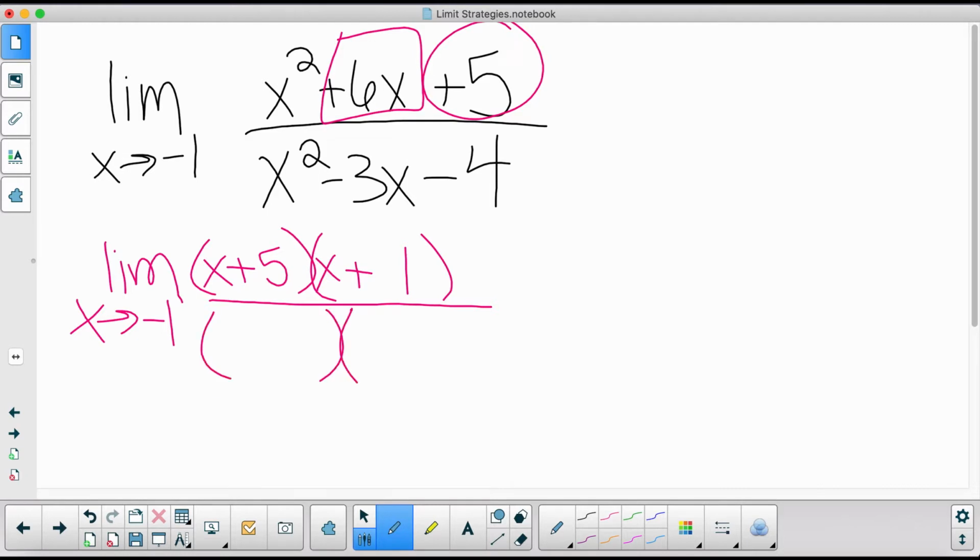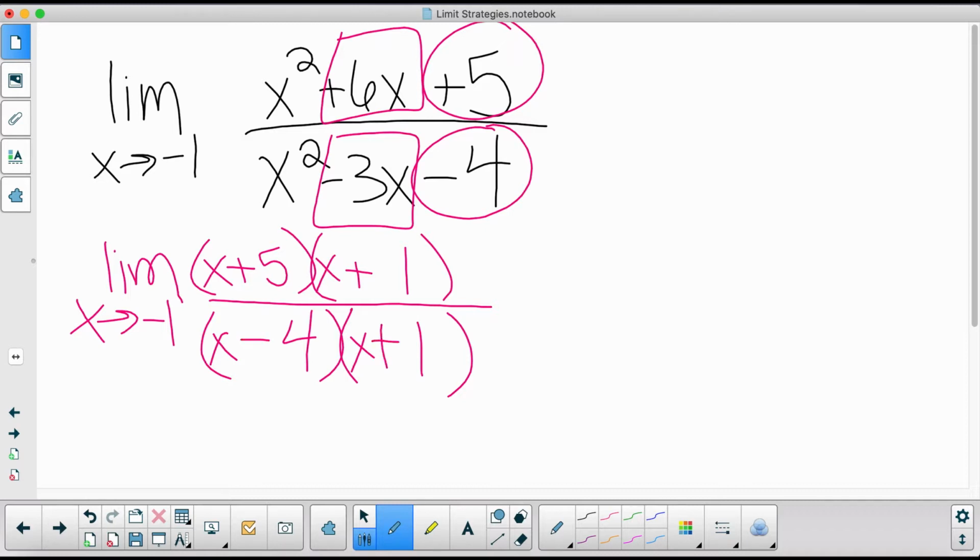In the denominator, we need values that will multiply to give you -4 and add to give you -3. So in this case, we're going to use 4 and 1. And because our negative is in the center, our bigger integer needs to be negative.